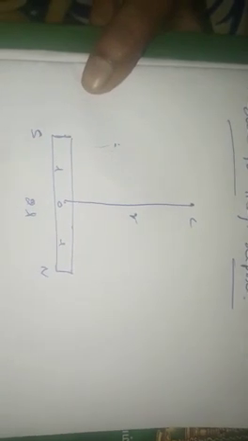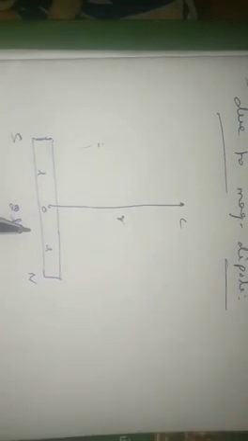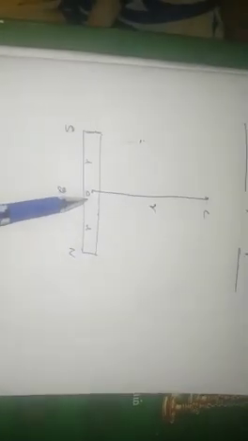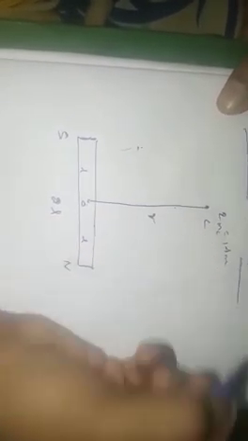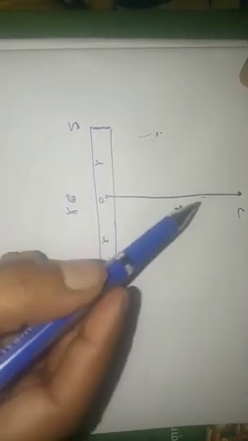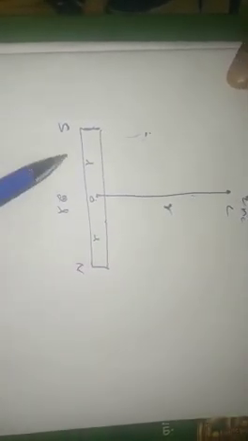Our aim is to find the magnetic field at point C. The magnetic field at point C, at a distance R from the geometrical center of the bar magnet, can be calculated by keeping a unit north pole at point C. The pole strength at point C will be equal to 1 ampere meter. Next, we find the force experienced by the unit north pole at point C due to the south and north pole of the bar magnet.